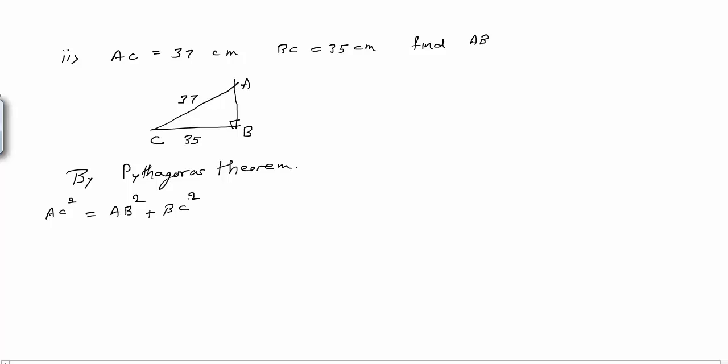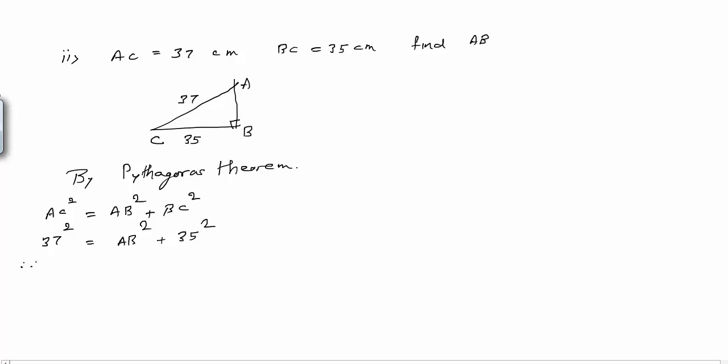Now AC square is, value of AC I have 37, so 37 square is equal to value of AB I don't have, so AB square plus 35 square.